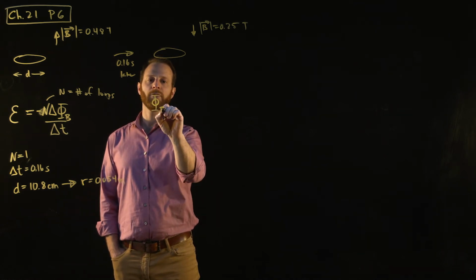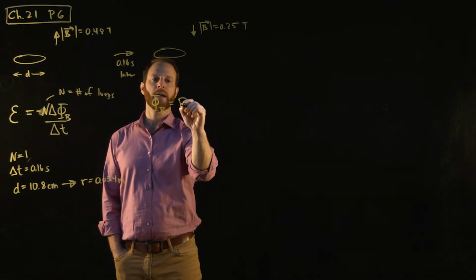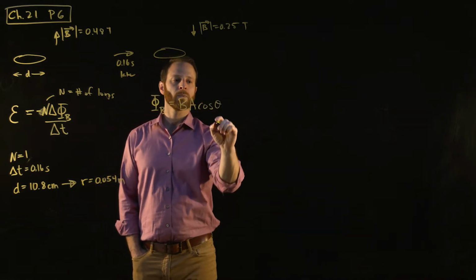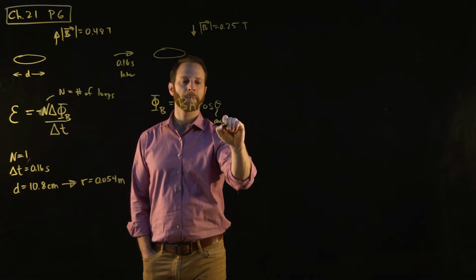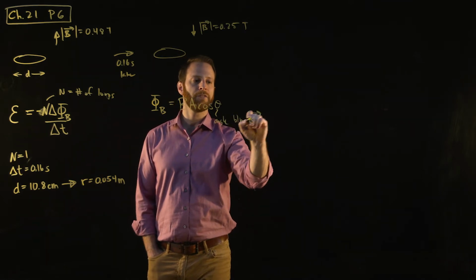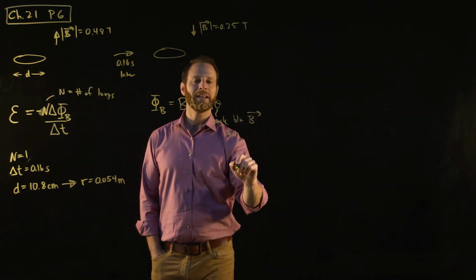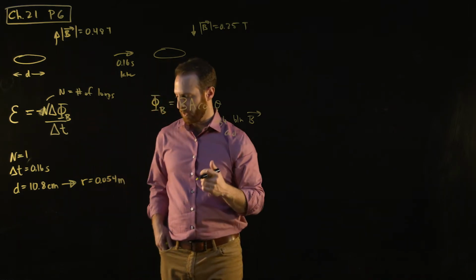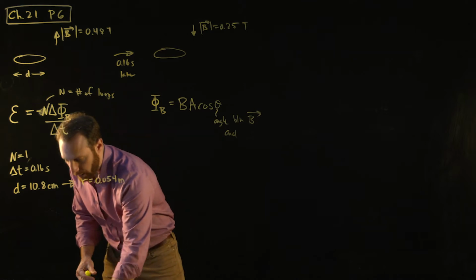So recall, magnetic flux involves the strength of the magnetic field, the area, and the cosine of theta, where again theta is the angle between the magnetic field direction and the direction that is normal to the area itself. And so that's probably worth drawing here.